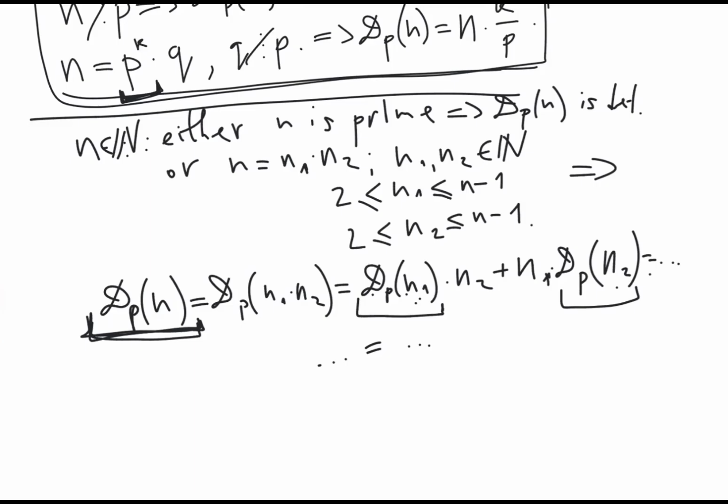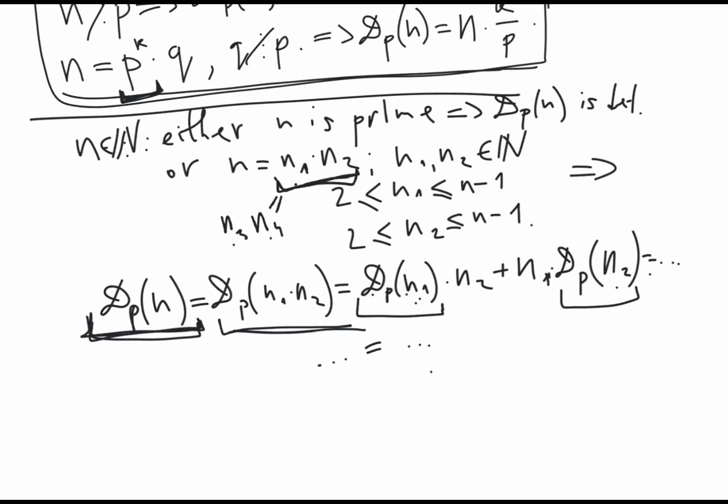It might be that if we choose different products here, like n1 and n2, and it's also equal to n3 multiplied by n4, so this expression is not unique, then expanding it similarly using the other numbers n3 and n4 instead of n1 and n2, we might eventually arrive at a different result.